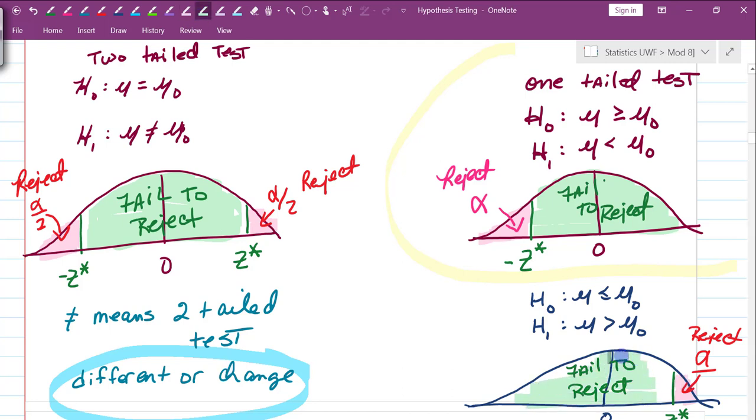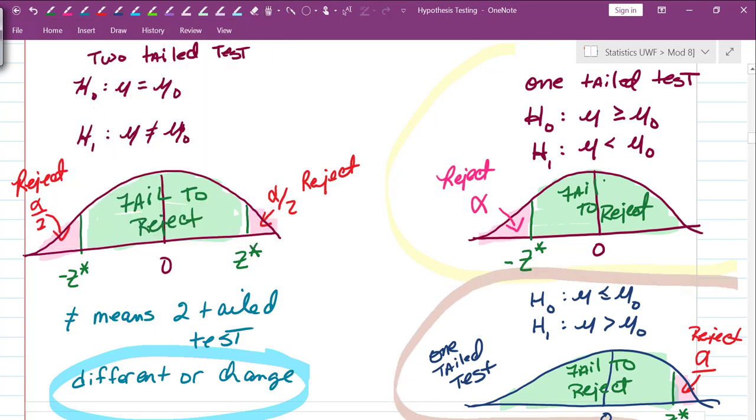This is when we're going to be concerned about a shift to the right, something being increased, okay? And this is also another one-tailed test. Okay, so there you go.